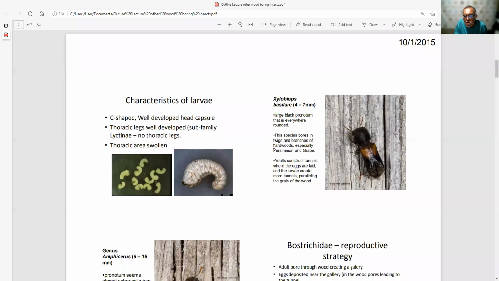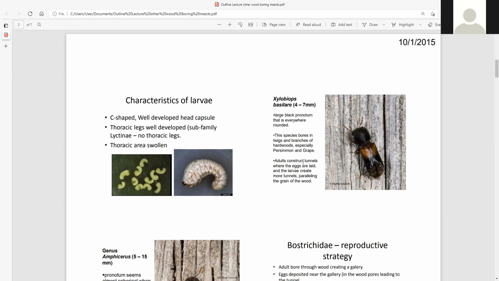This species bores in twigs and branches of hardwoods, especially persimmon and grape. So you find this particular species dalam pokok anggur dan pokok persimmon. Duduk dalam kayu keras. Macam anggur mempunyai kayu keras. Adults construct tunnels where the eggs are laid, and the larvae create more tunnels paralleling the grain of the wood.